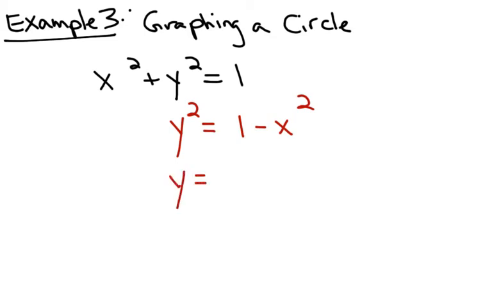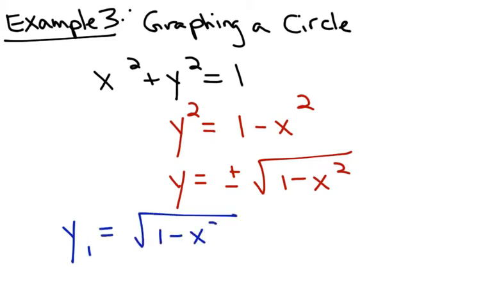But you need to remember, when you square root something, you need to do this. So there are really two equations that you're going to put in your calculator. The first equation is going to be positive square root of 1 minus x squared. And the second equation is going to be negative square root of 1 minus x squared.